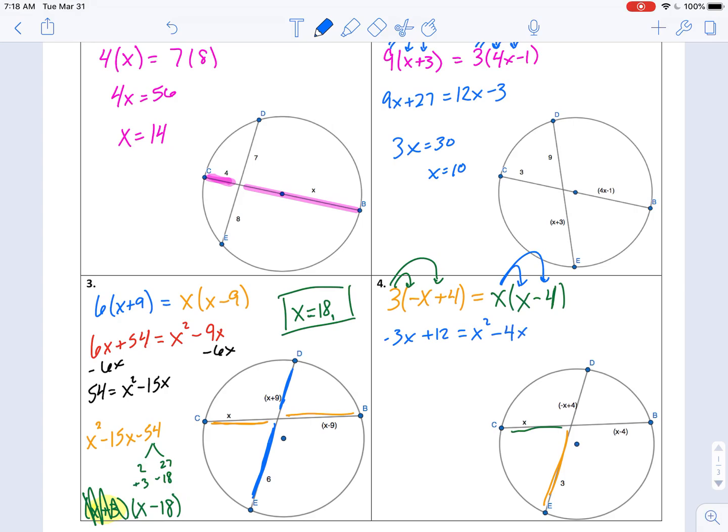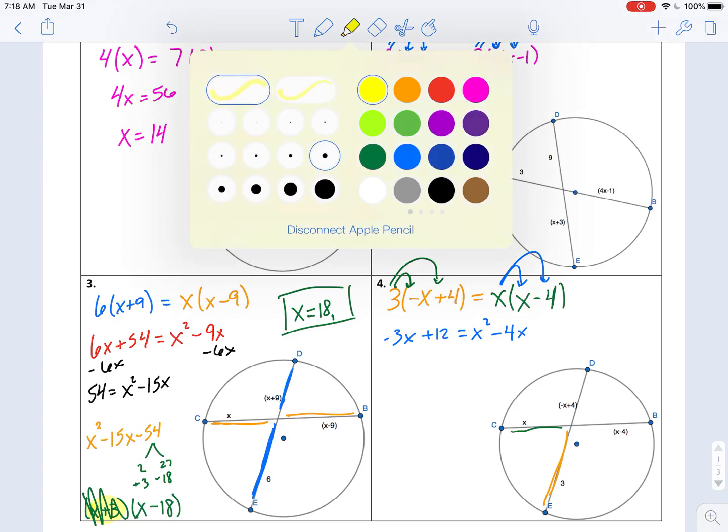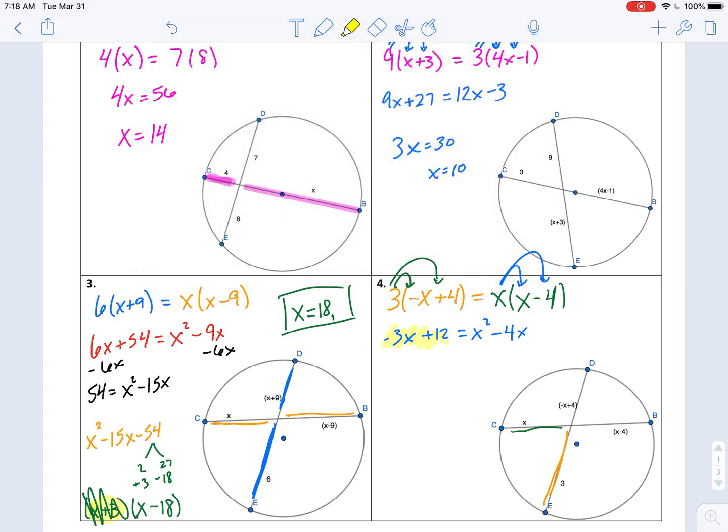So negative 3x plus 12 equals x squared minus 4x. And again, I want to get all of this stuff over there. So I can add 3x and subtract 12.